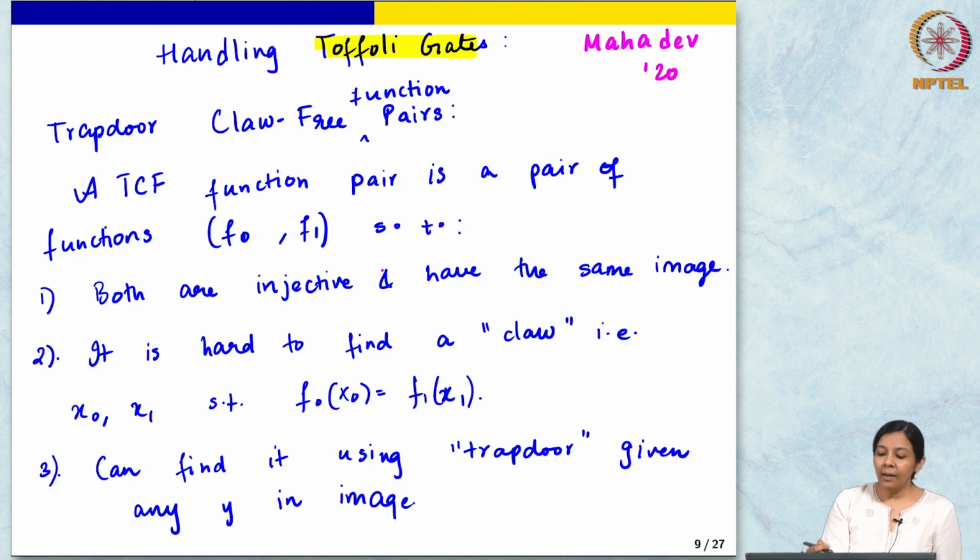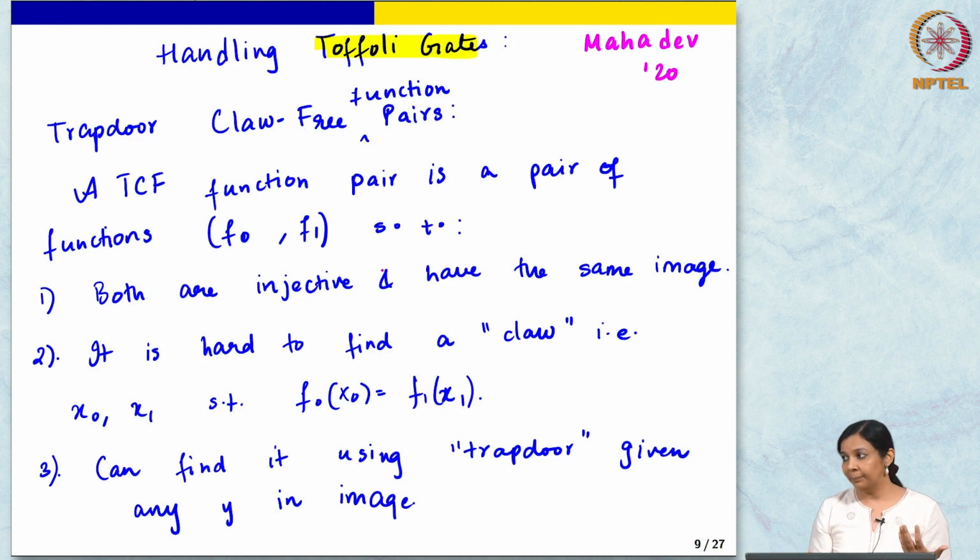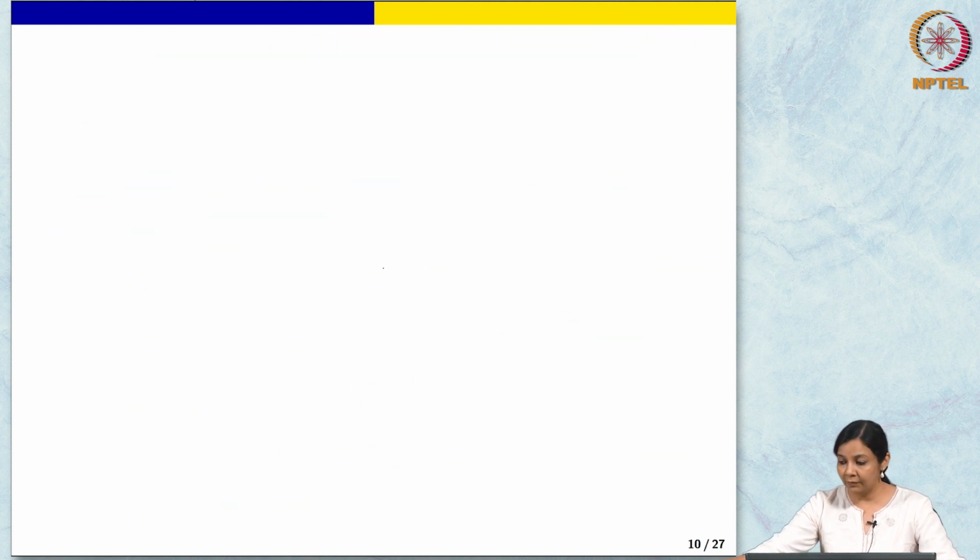The main thing that we will use is that it is hard to find what is called a claw, a kind of colliding pair. So, you know an x 0 x 1 such that f 0 of x 0 is equal to f 1 of x 1. Okay. But there exists a trapdoor using which you can find it. Okay. So, this is the main primitive that we will use.